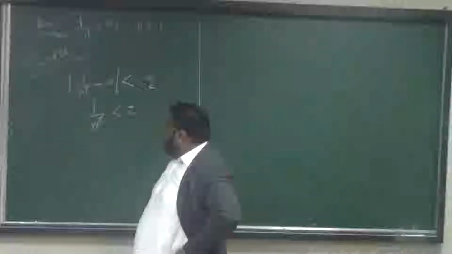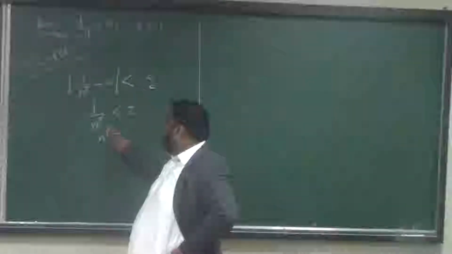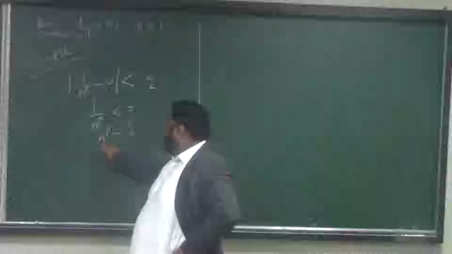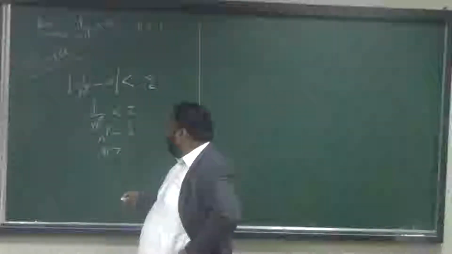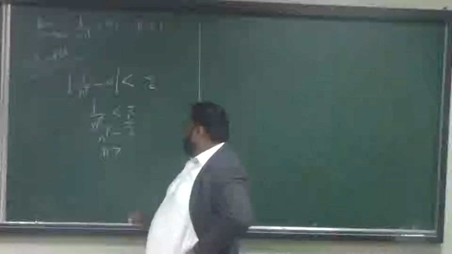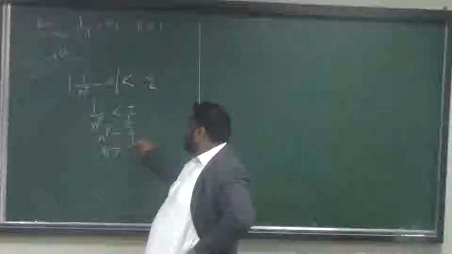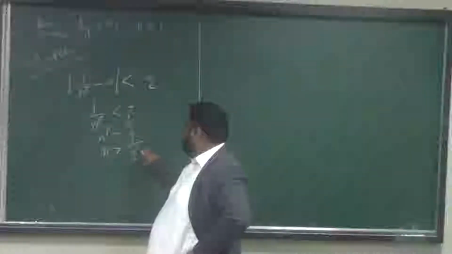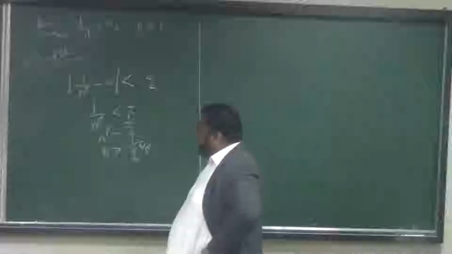inequality. You have epsilon, so you can have n bigger than 1 over epsilon, and take the pth root, so you get epsilon to the 1 over p.